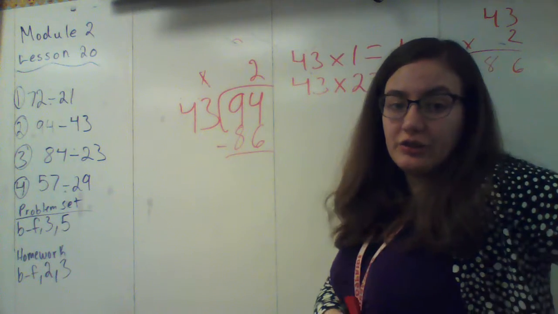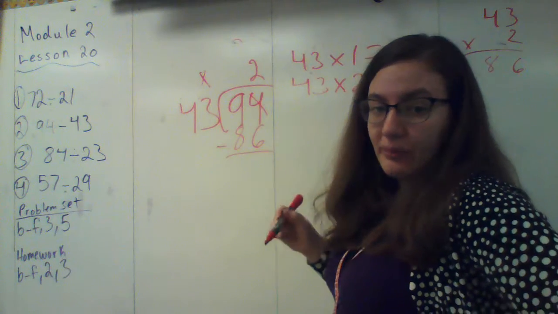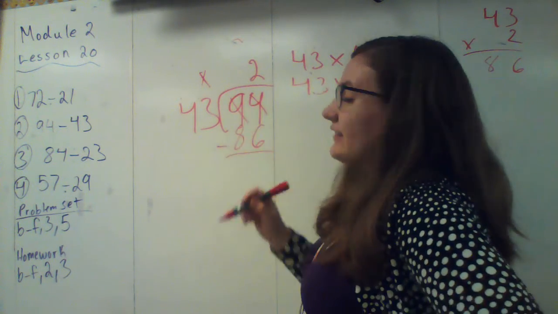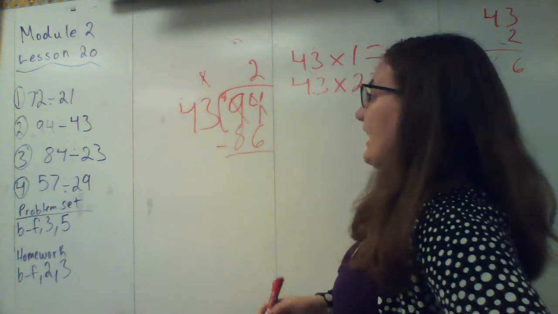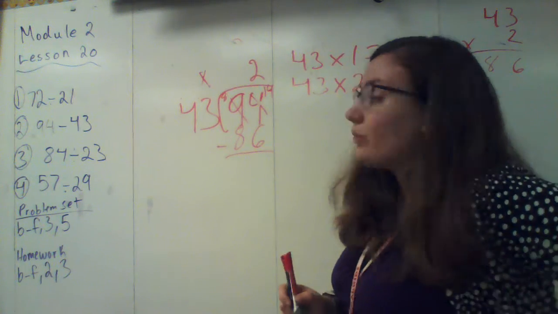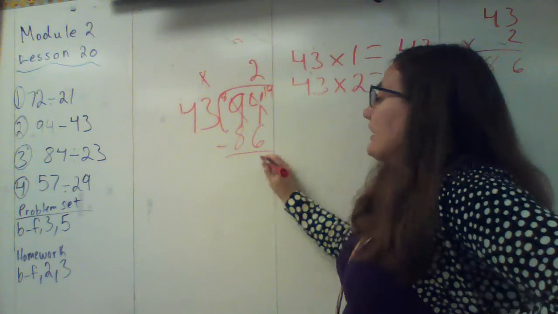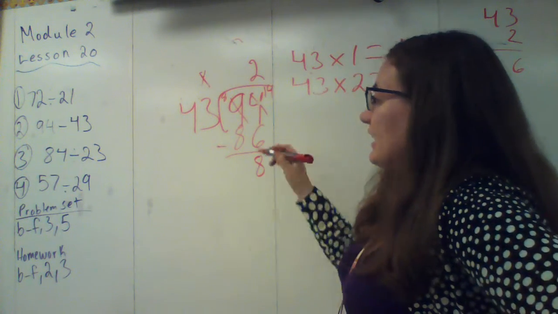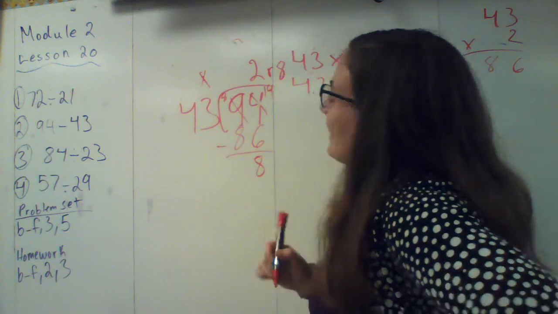Again, you're going to need to do regrouping for this one. So I'm going to cross out the 4 because I can't do 4 minus 6. I'm going to cross out this 9 because I need to borrow, so that becomes an 8. And this 4 becomes a 14 because we add 10 more. So 14 minus 6 is 8, and then 8 minus 8 is just 0. So my answer is 2, remainder 8.